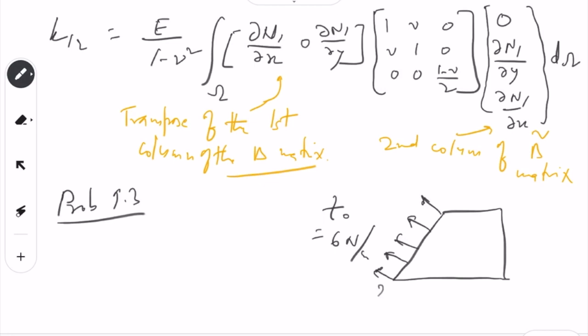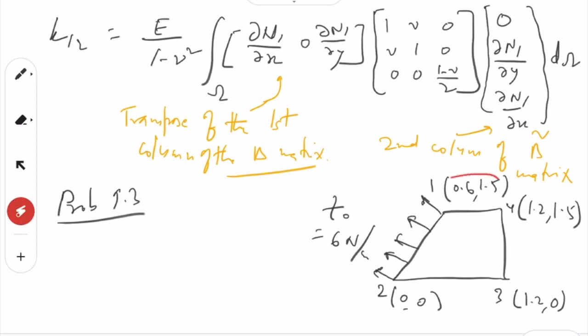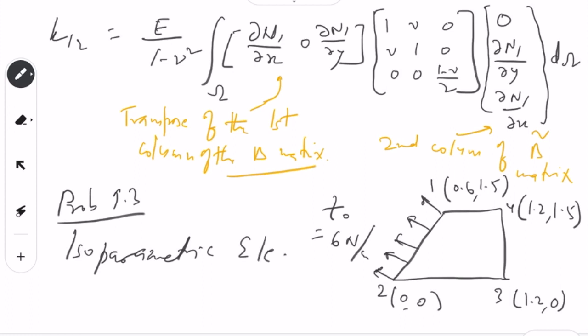Then you have coordinates 2, 0; 3, 1.2; 4, 1.2; 1.5; and 0.6, 1.5. So if the shape is like this, we cannot use the things we have learnt here, and for that we have to use the isoparametric element, the 4 noded one.